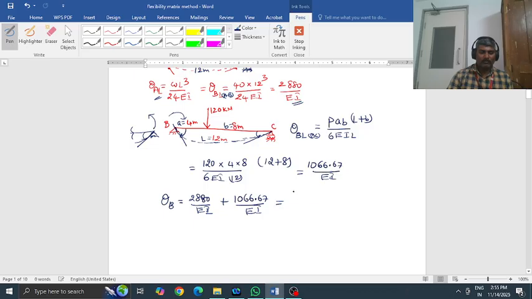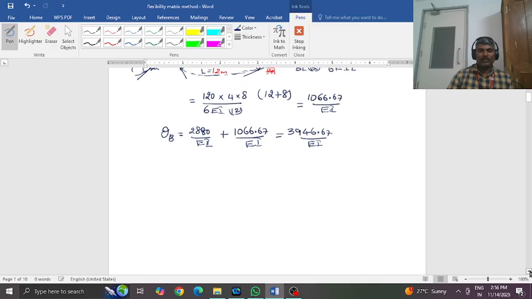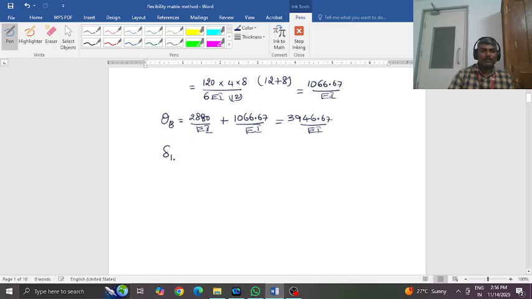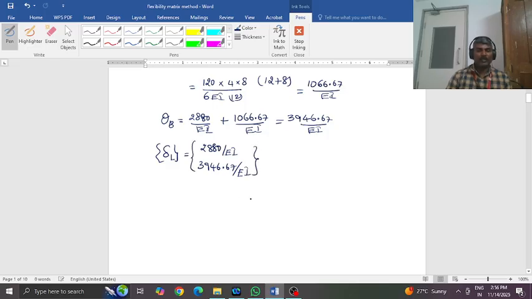Put together the value is 3946.67 by EI. Okay, so now our delta matrix is ready. I'll write it, which is equal to 2880 by EI, 3946.67 by EI. So this is our delta L matrix.